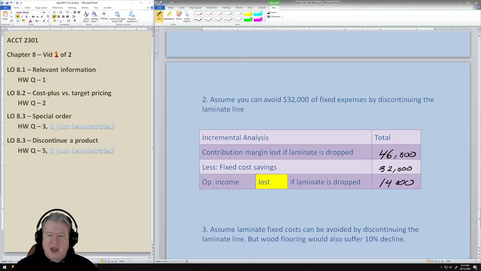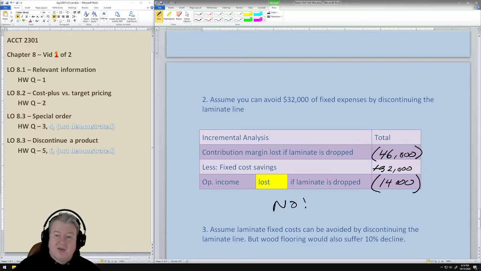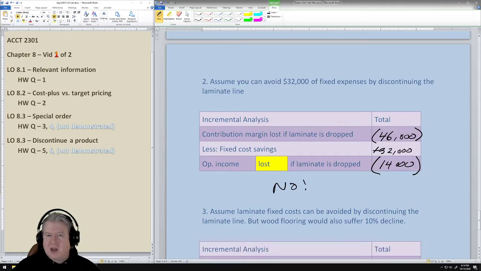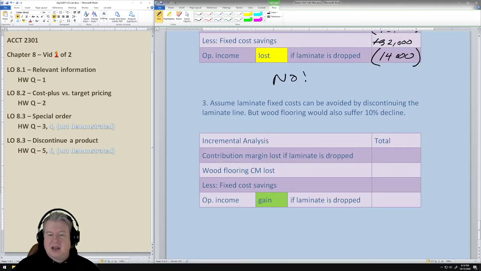You can say, okay, yeah, we're losing this, we're gaining this, but we're still losing overall. So no, we would still not drop it, even if we can avoid a certain amount of fixed cost. The amount of margin that we're getting from the line is more than the fixed cost savings.